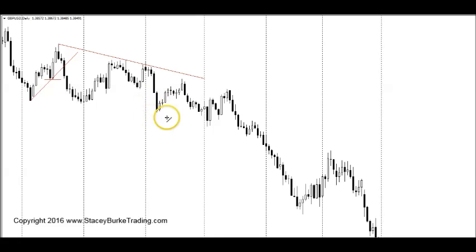So just starting here, I'll change my arrow. We've got some higher lows and higher highs. Now, I'll get that smaller bar here.